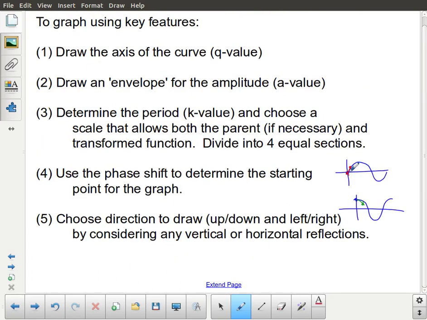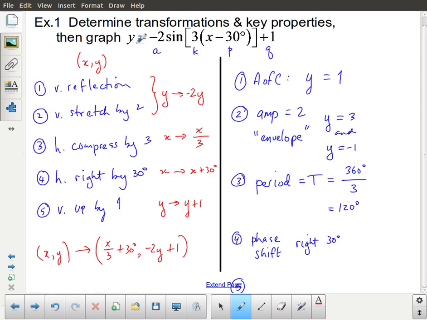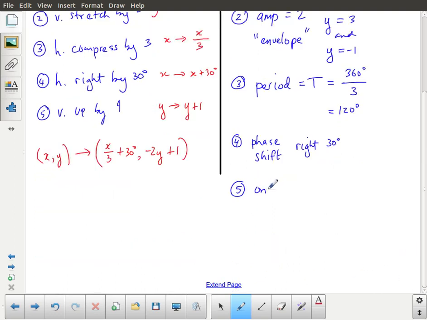Now this was a sine graph, which normally starts in the middle, or it starts on the axis of the curve and then goes up to the right. But this has been vertically reflected. So that means that our starting direction is on the axis of the curve because it's sine x, but now, because it is vertically reflected, it is going to be down to the right.